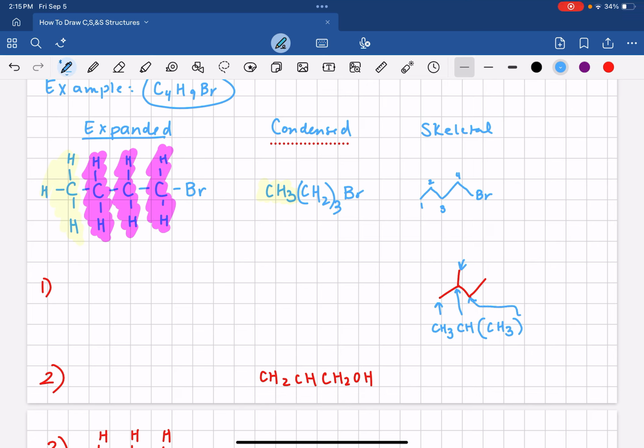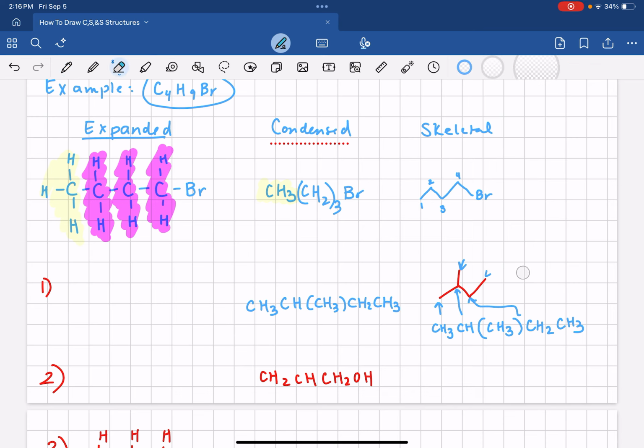Then over here, it is a CH2. And lastly, on the end, it is a CH3. So my complete condensed structure is CH3, CH, CH3, CH2, CH3.